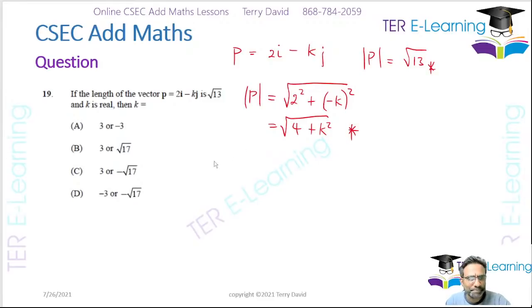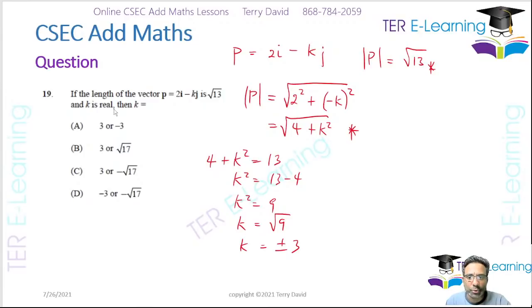So therefore, 4 plus k squared, right, is actually equal to 13. So therefore, k squared is equal to 13 minus 4. So k squared is equal to 9, and therefore k is equal to square root of 9. Therefore, k is equal to plus or minus 3. But they told us that k is real, right? So plus or minus 3. The answer is A.